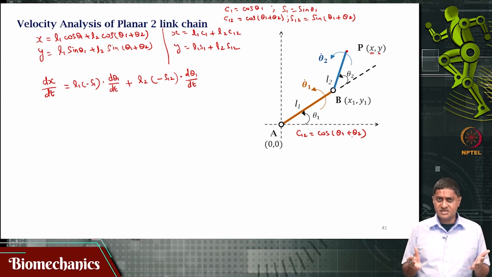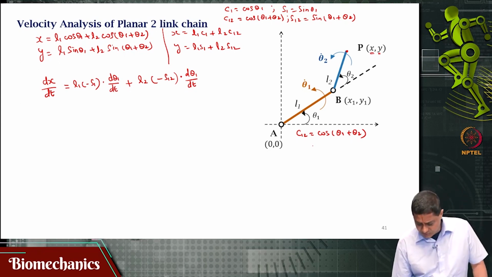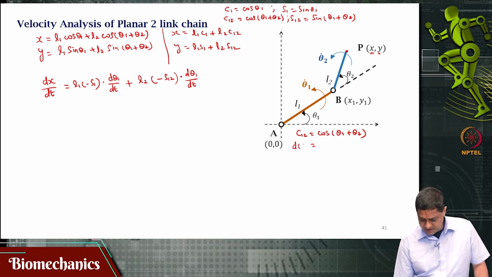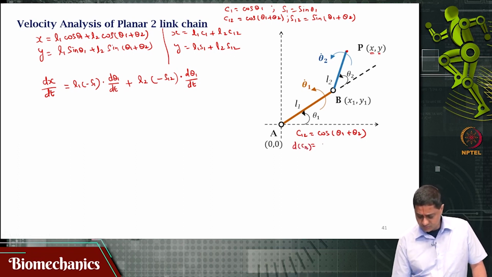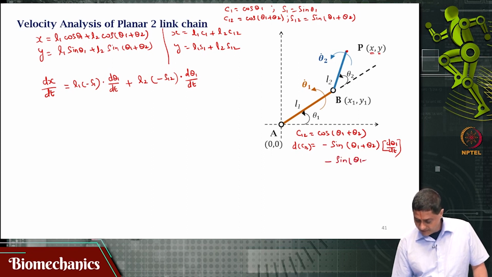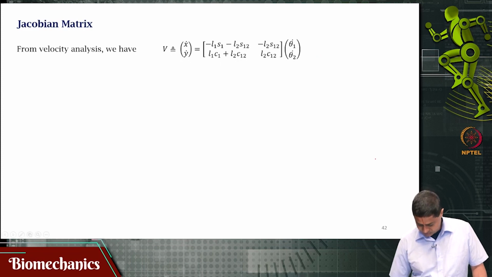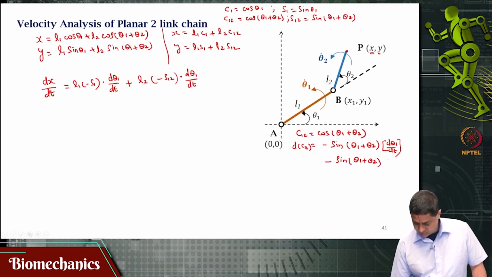Differentiation of this would give me minus sine of theta 1 plus theta 2 times d theta 1 by dt, minus sine of theta 1 plus theta 2 times d theta 2 by dt.